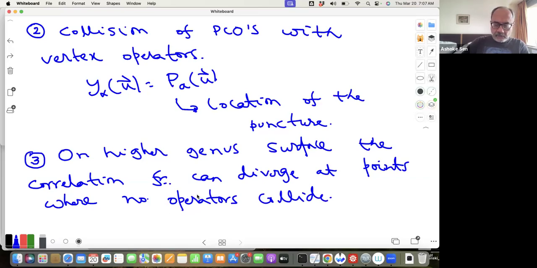This of course doesn't happen in regular quantum conformal field theory, but it does happen for the beta gamma phi system.